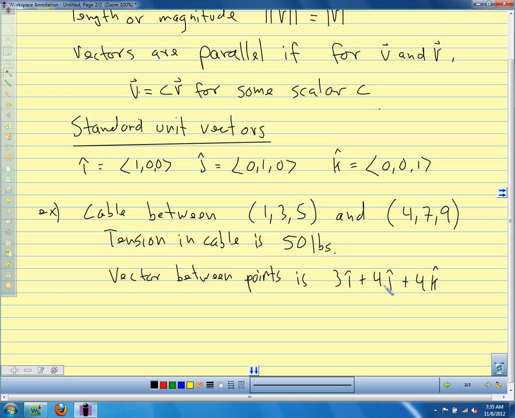So how do I find a unit vector in the direction of this vector? Divide by the magnitude.